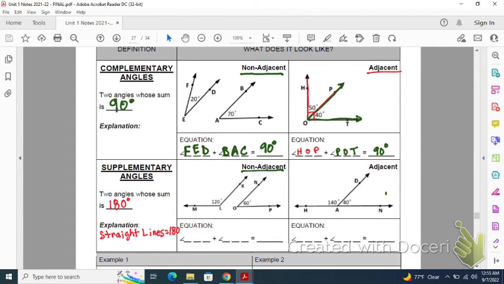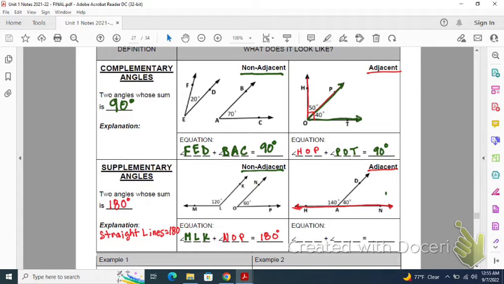So angle MLK, which is 120 degrees, plus angle NOP is going to equal 180. 120 plus 60 is 180. As you can see in the second diagram, they're adjacent, and they also create a straight line, which would be HAN.